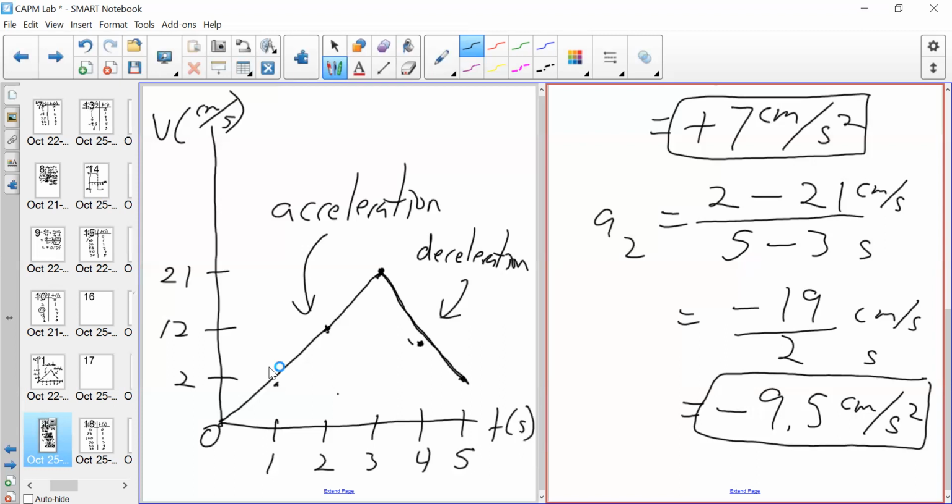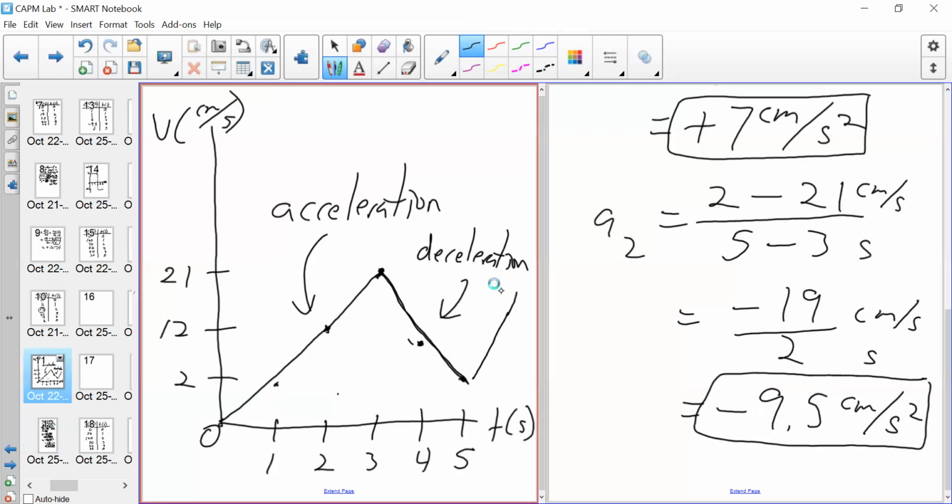But for the most part, your data should look like this, where it speeds up and then slows down. So if you have an extra point that does this, which I did see, I'm not going to buy that without an explanation. You're going to have to tell me honestly what went wrong with that, because it doesn't happen more than likely.